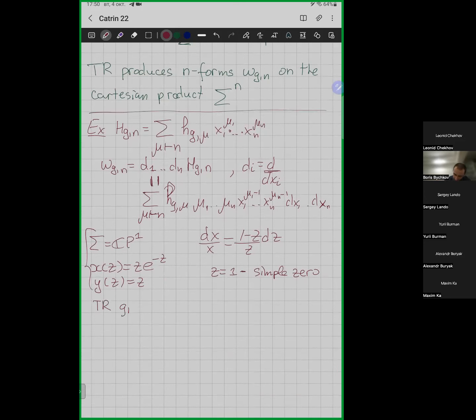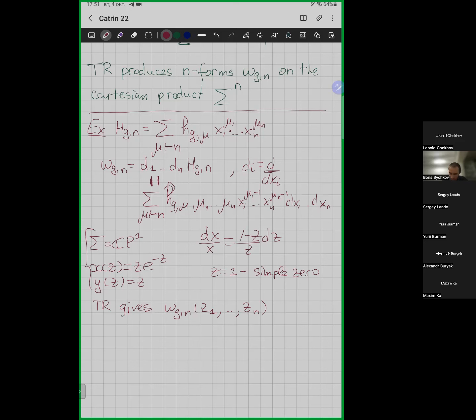TR gives omega_{g,n}(z1, ..., zn) as a rational form in this z coordinate, and it has poles only at the zeros of dx over x, but I'll state it later and write it down.